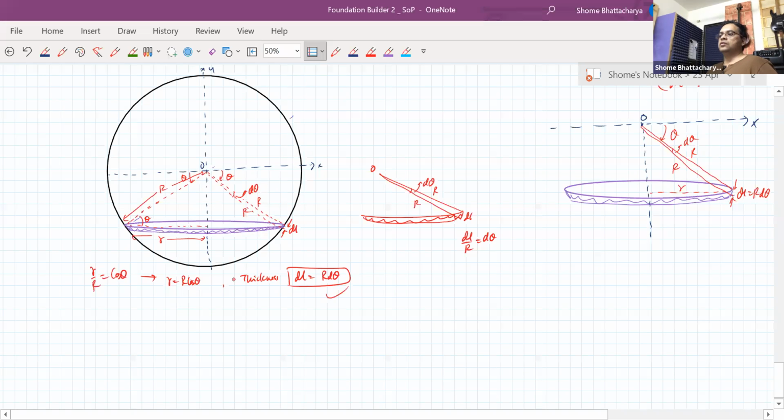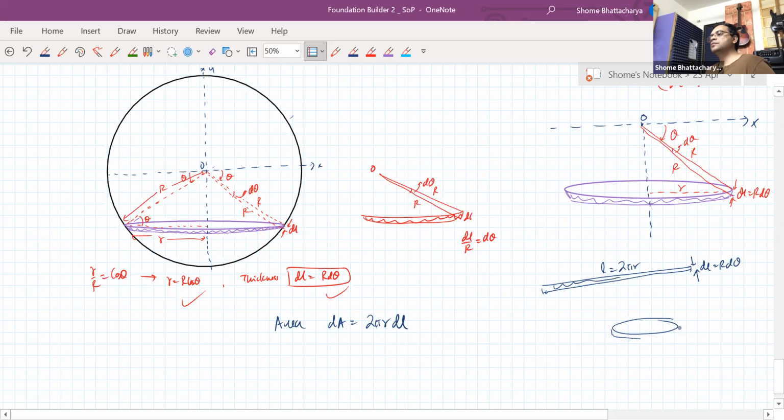Now, for example, if you just want to calculate area, the area of the ring is circumference into thickness. It's like you've taken a ribbon of length L equal to 2 pi r and thickness dl equal to r d theta, and you have wrapped it around into a ring like this.